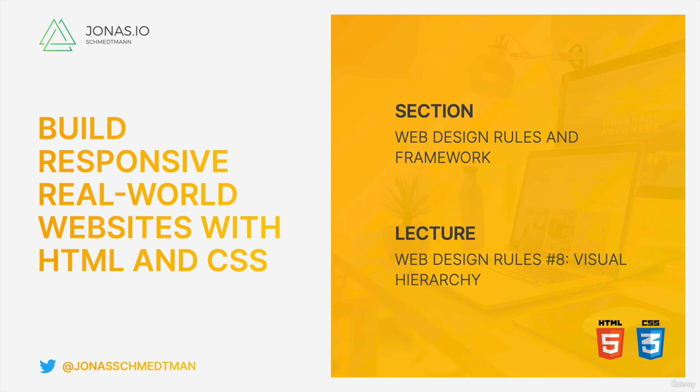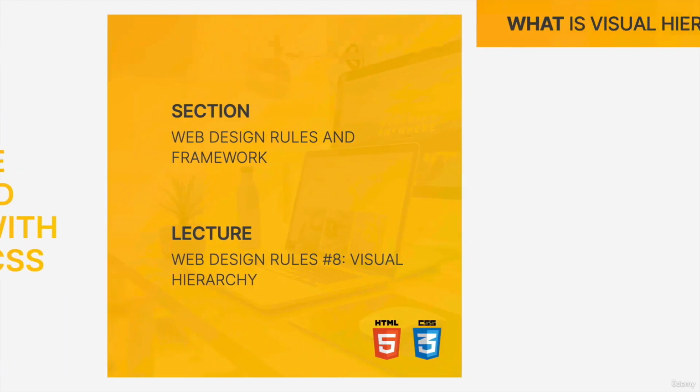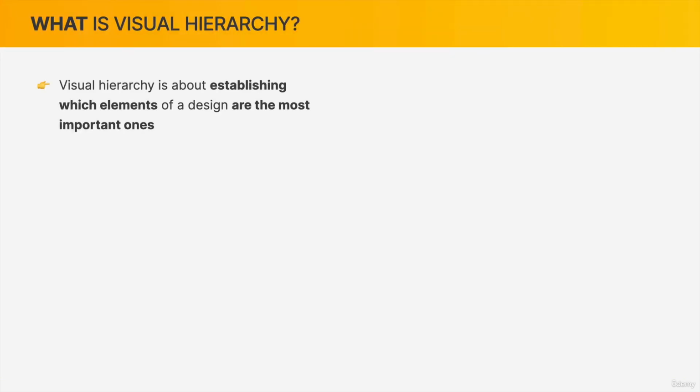In this lecture, we bring together many of the things that we have learned so far in this section in order to create something that we call visual hierarchy. So let's see what visual hierarchy is all about. And essentially, visual hierarchy is all about establishing which elements of a certain design are the most important ones. So that's exactly what hierarchy means, right?